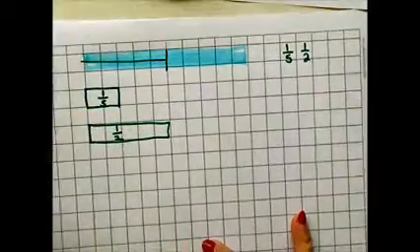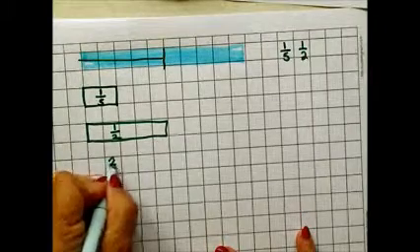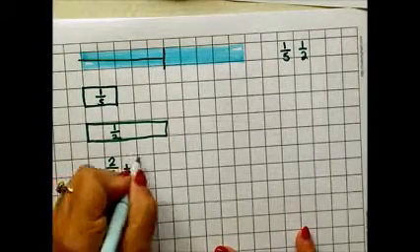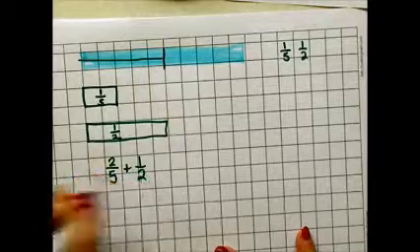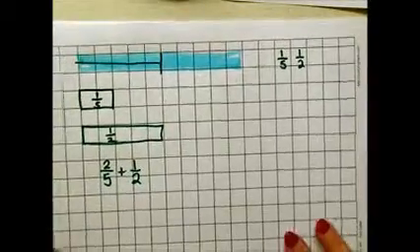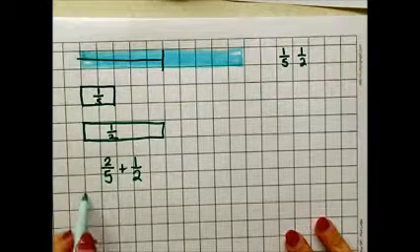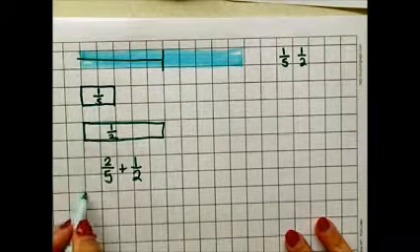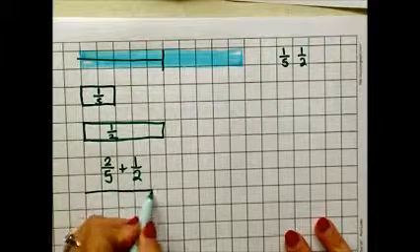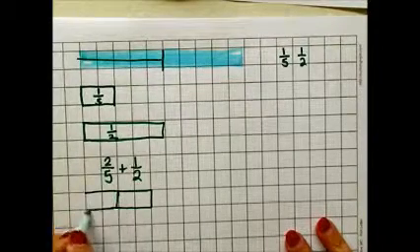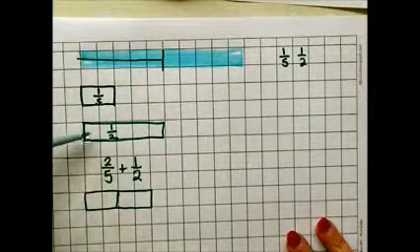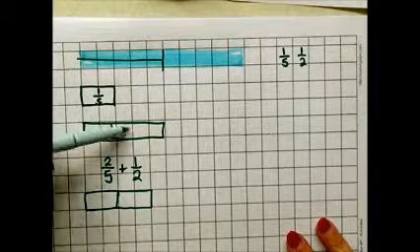So let's say I have 2/5 plus 1/2. Okay, so I'm going to use blocks of 10. So I have 2/5. Now a fifth has 2 blocks, so I have 2/5. And then I'm going to add a half to that, which is 1, 2, 3, 4, 5 blocks.